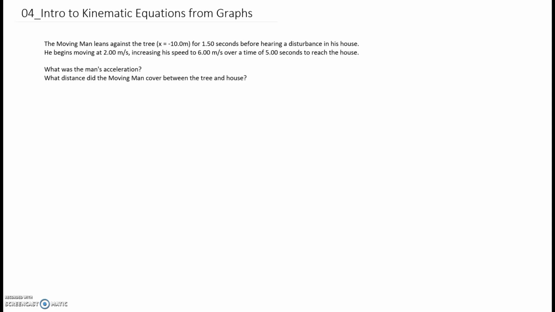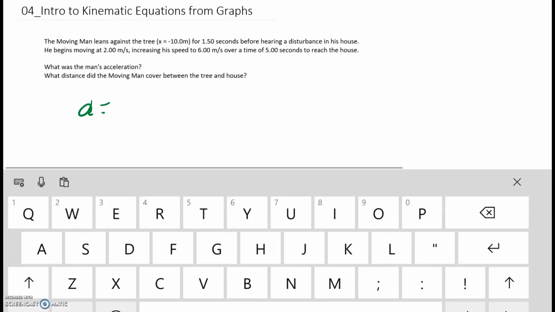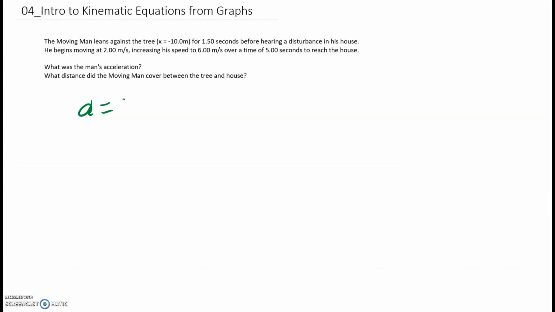From our first section, I can find the acceleration of the man. I know that acceleration is change in velocity over change in time. So that is going to be v final minus v initial over my change in time. Well, his final speed is 6.0 meters per second.